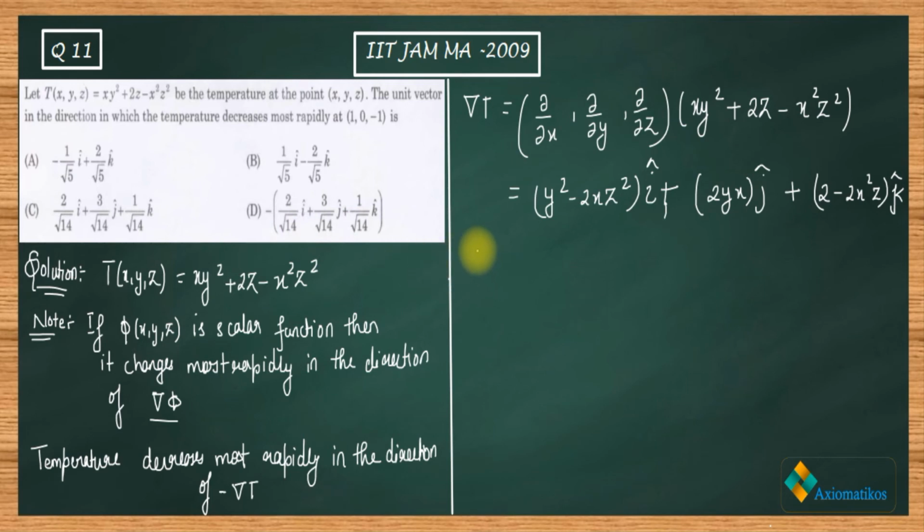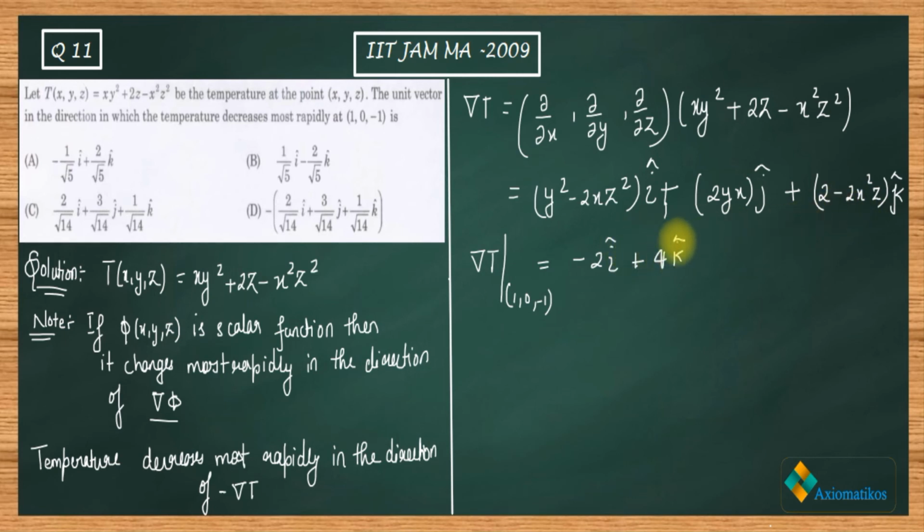Now I have to obtain this at a certain point, and that point is (1, 0, -1). So just place y = 0, x = 1 and z = -1. You will get -2i, the j term will be 0, and here you will get 4, plus 4k.